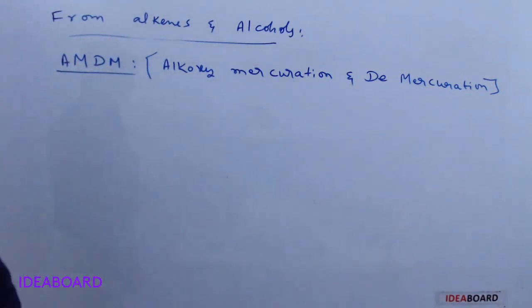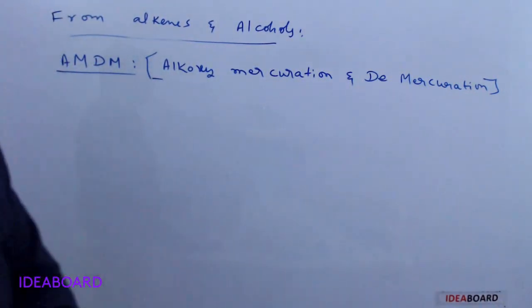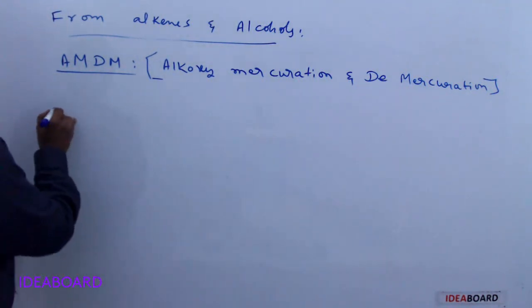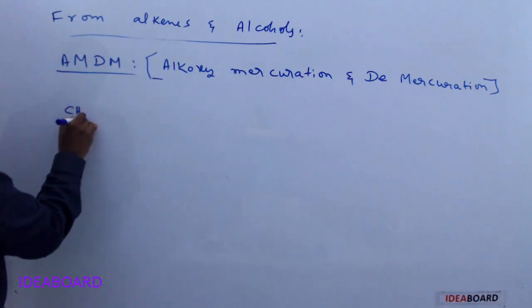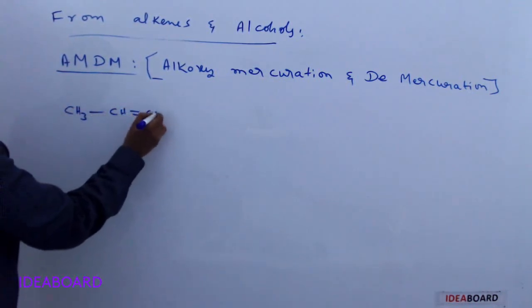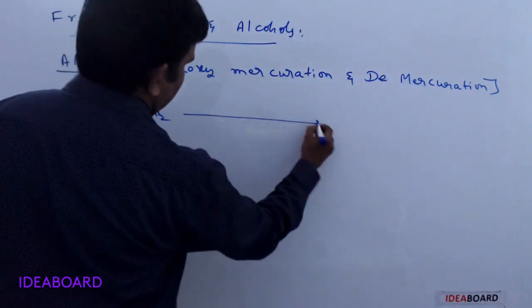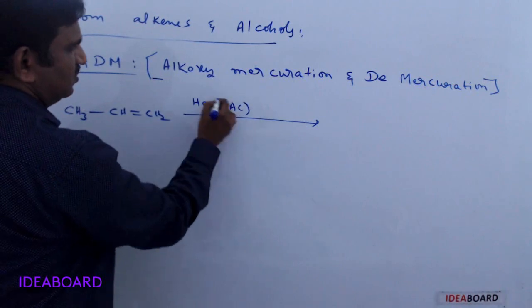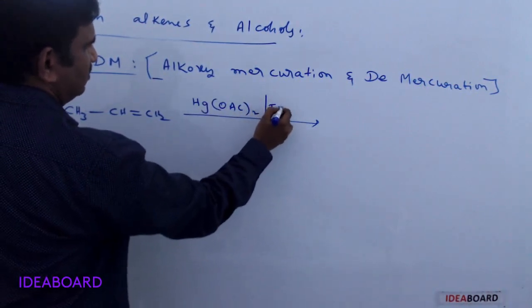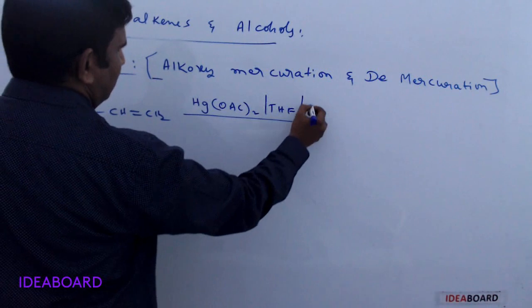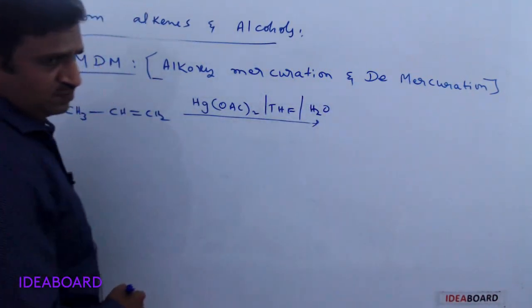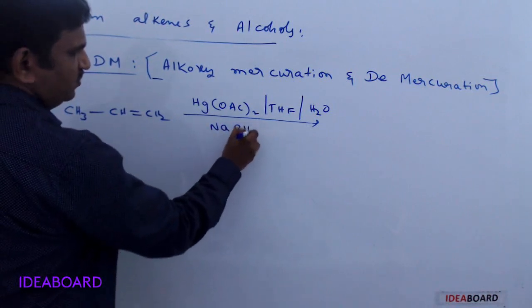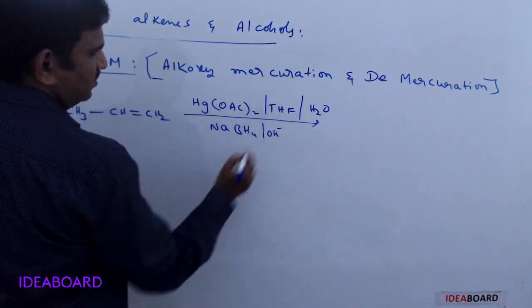In the alcohols preparation method, we gave the OMDM. OMDM means oxymercuration, demercuration. I just give it briefly here. Suppose you have CH3, CH double bond CH2, and the reagent used for the oxymercuration, demercuration is Hg(OAc)2, THF, and H2O, and then NaBH4, OH minus is used.